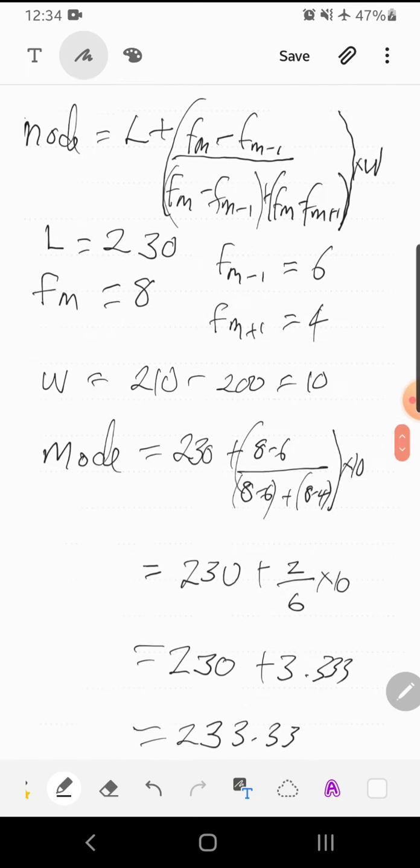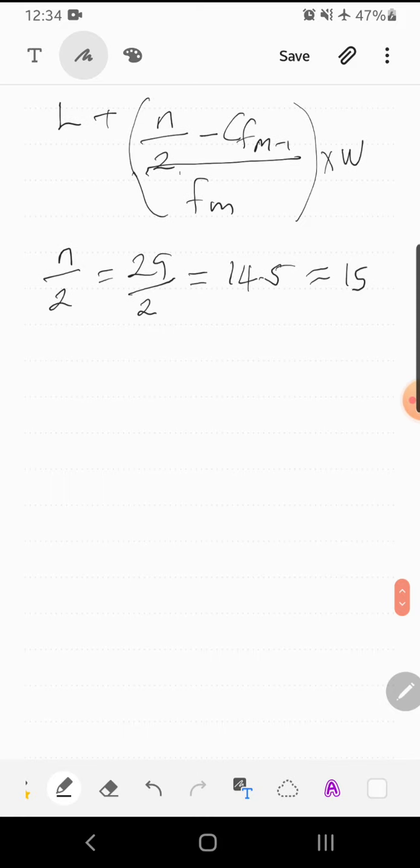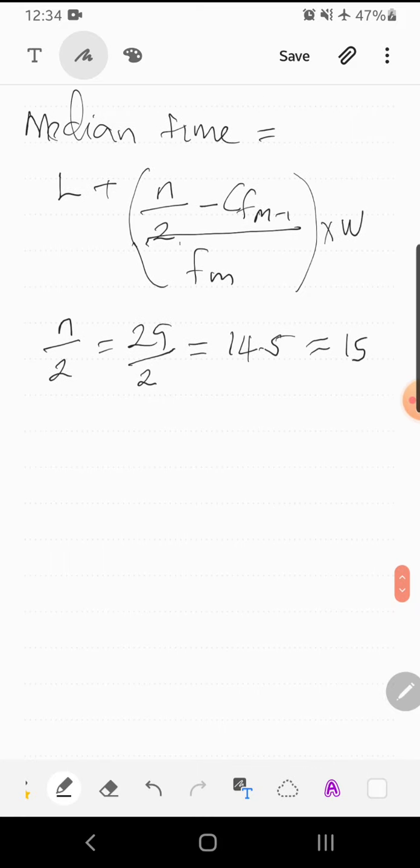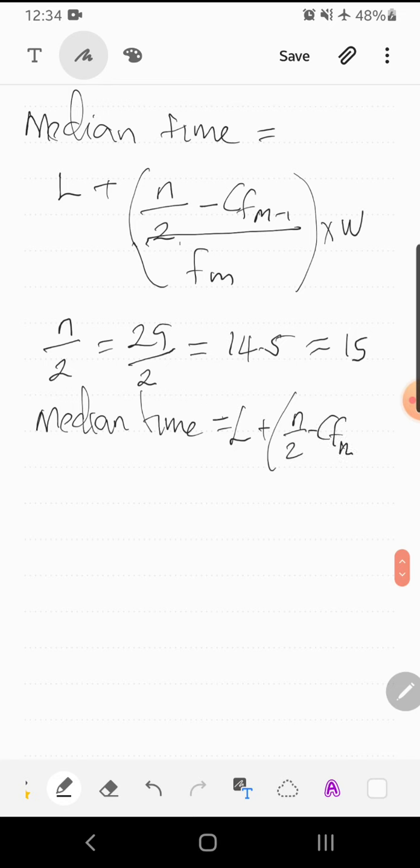So therefore we're going to put in our formula. The median time is just equal to our lower limit, plus N over 2 minus the cumulative frequency before, over the frequency of the median class.